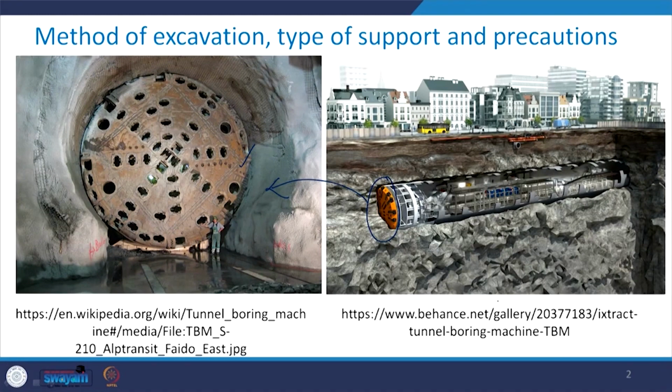So, what I mean to say is that when you hear about this tunnel boring machine, this picture should come in your mind. So, what happens is there is a shield. It helps in advancing the tunnel in its direction of advance. So, this is what, when I say tunnel boring machine, you should immediately have these pictures in mind.